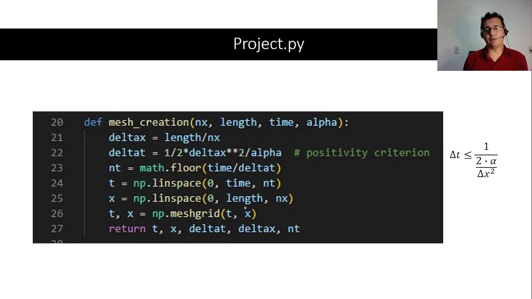For x we have the same, 0 to length with nx, and here we construct a mesh grid with t and x and return those values.